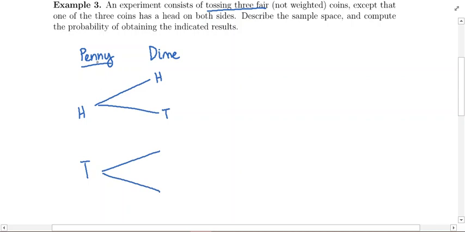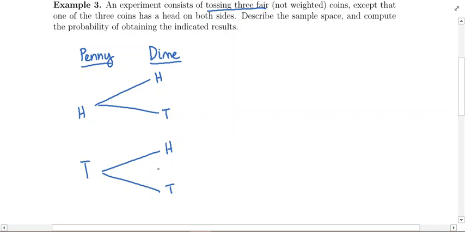It's still possible that the dime landed on either heads or tails. So this is creating different possibilities. We haven't taken the nickel into account yet, but so far you've got 4 options: the penny landing on heads and the dime landing on heads, the penny landing on heads and the dime landing on tails, the penny landing on tails and the dime landing on heads, and finally the penny landing on tails and the dime landing on tails.